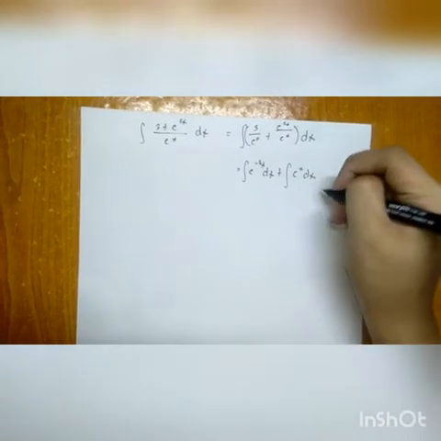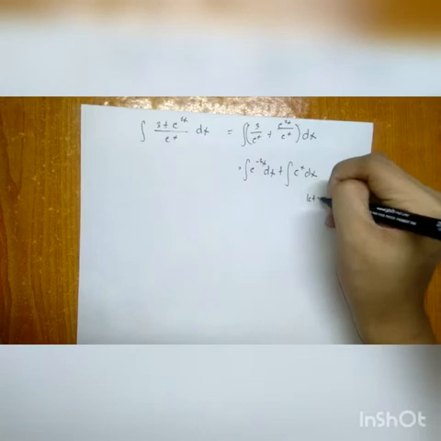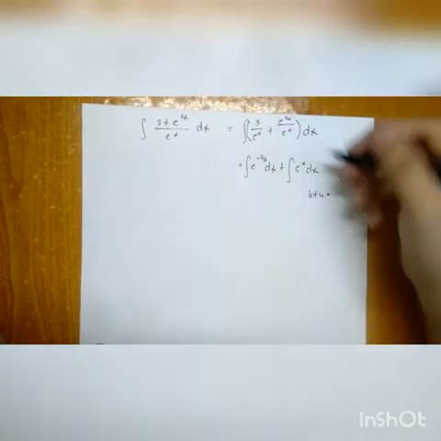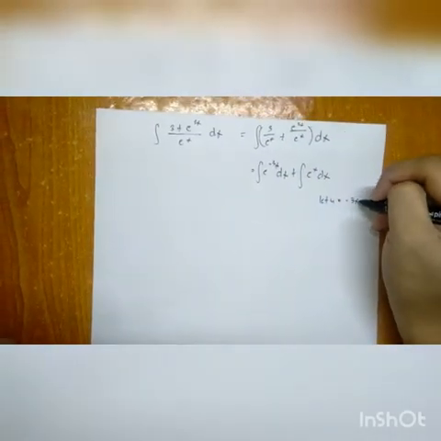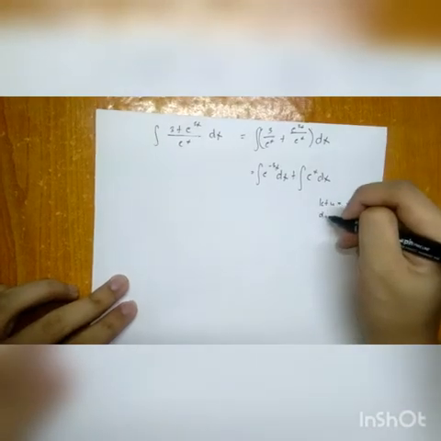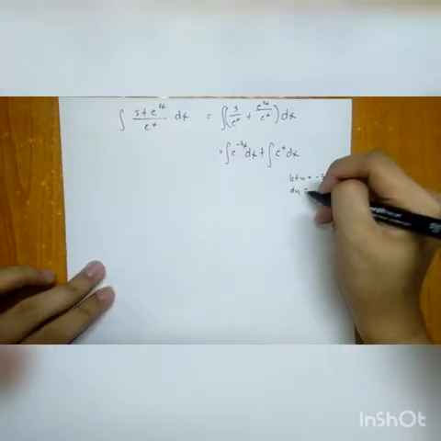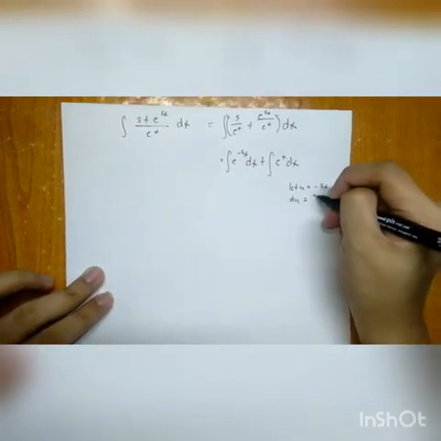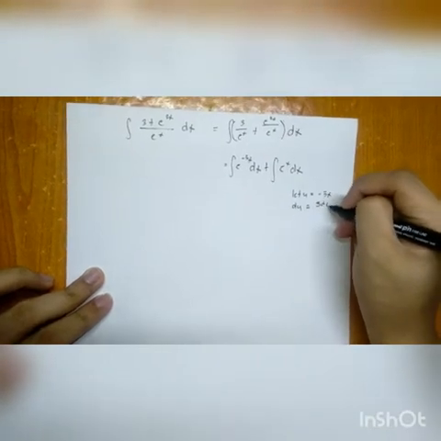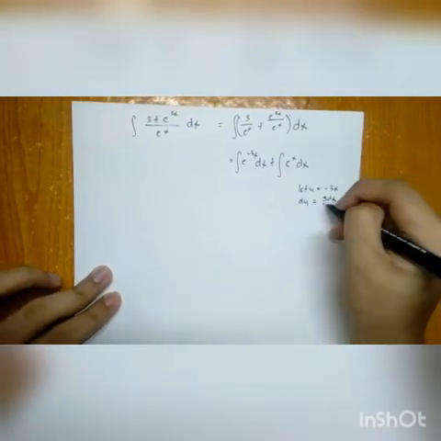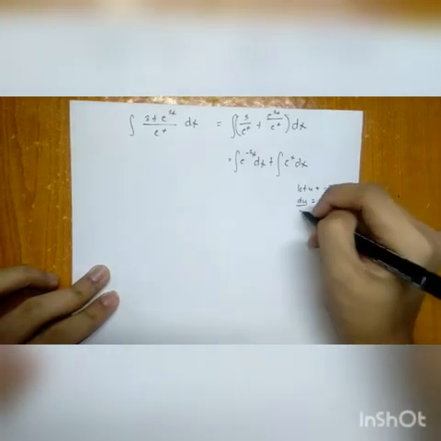Now, we will let u equal negative x, and our du equals negative dx. To find dx, we will multiply both sides by negative 1.